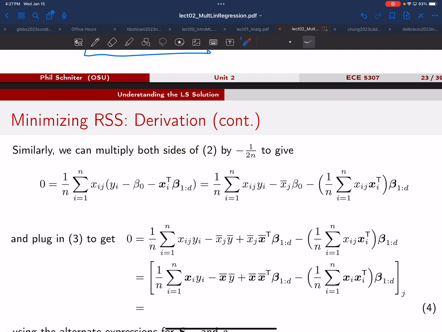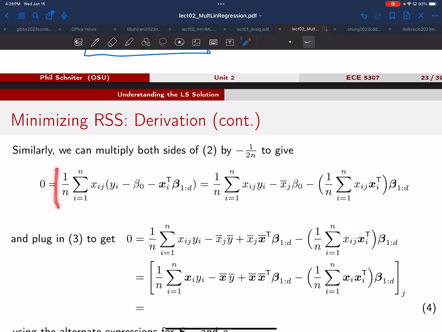Then we can distribute the terms here, and we get the average of this. In the second term, you can see that the averaging doesn't affect beta naught, but it does affect this. If I average this over the i's, I have x bar j, which is the mean of the jth feature when I look at all my training samples.